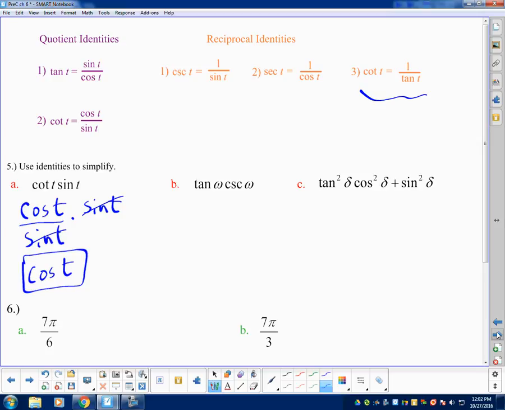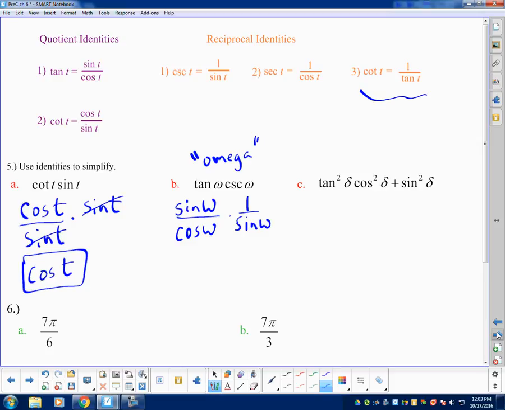This right here is called omega. And so tangent of omega times cosecant of omega, we're going to just rewrite these. Tangent of omega is sine of omega, which kind of looks like a W, over cosine of omega, and then cosecant of omega is 1 over sine of omega.